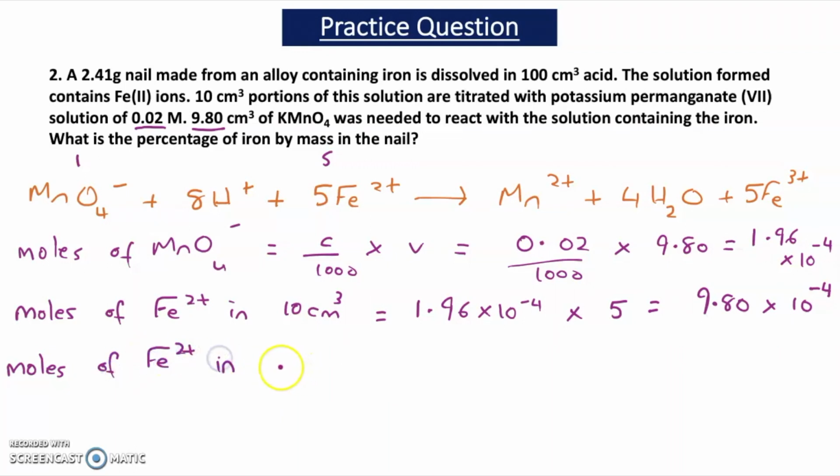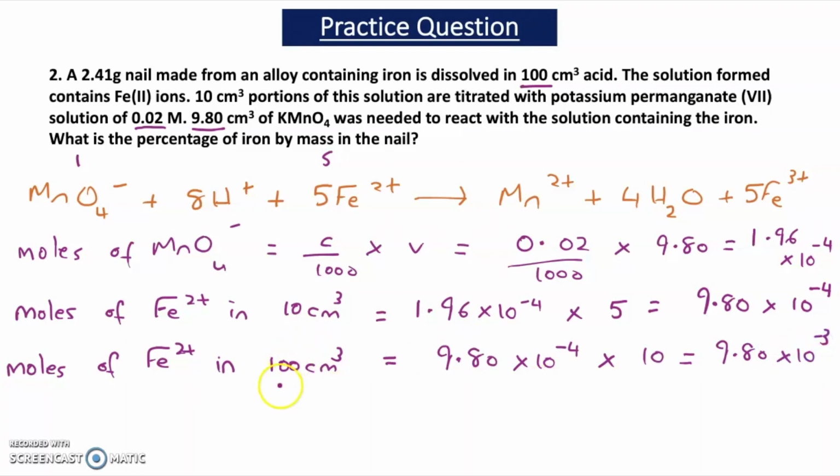So to find the moles of Fe2+ in the original 100 cm³ solution, we need to take the value that we've got for the moles of Fe2+ in 10 cm³ and times it by 10, because there are 10 cm³ samples in 100 cm³. So it would be 9.80 times 10 to the minus 4 times 10, which would be equal to 9.80 times 10 to the minus 3.